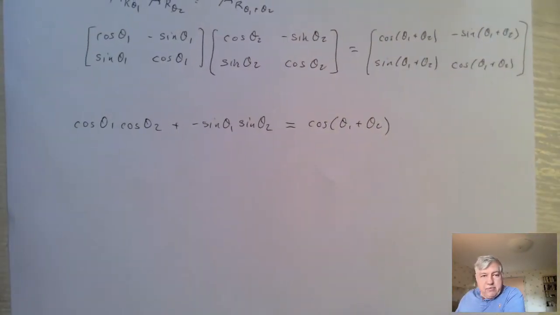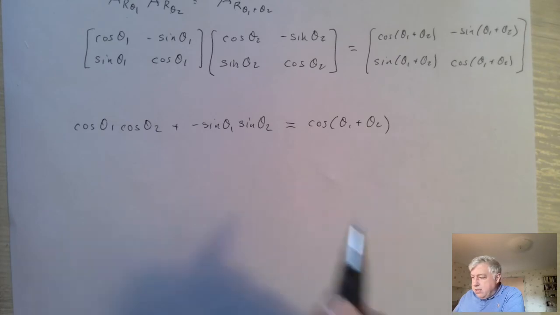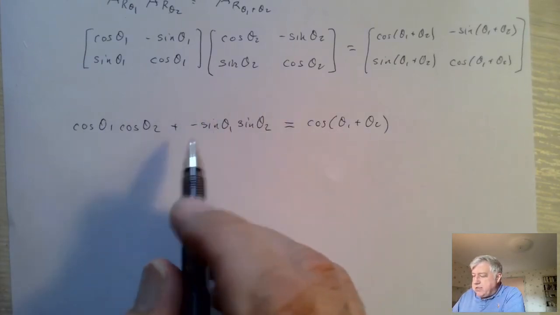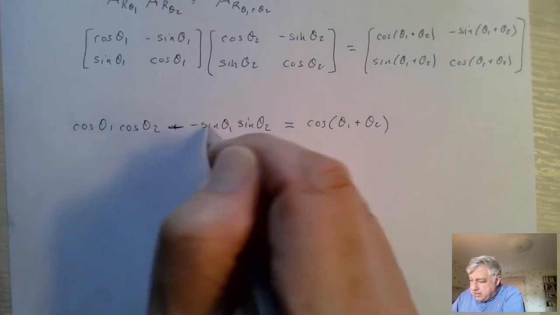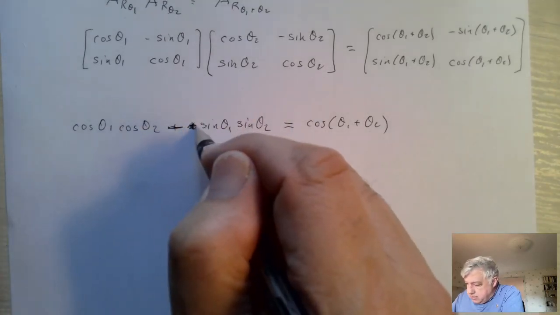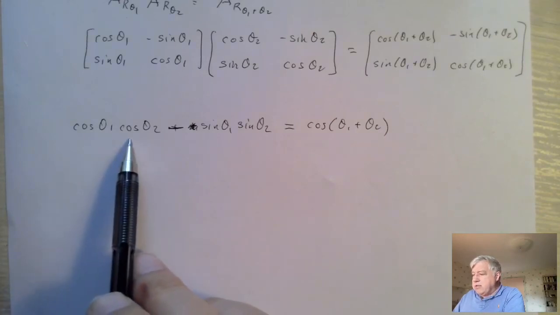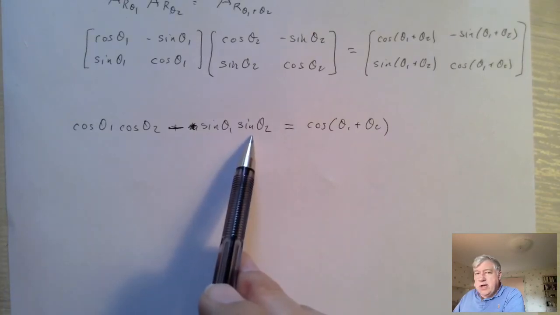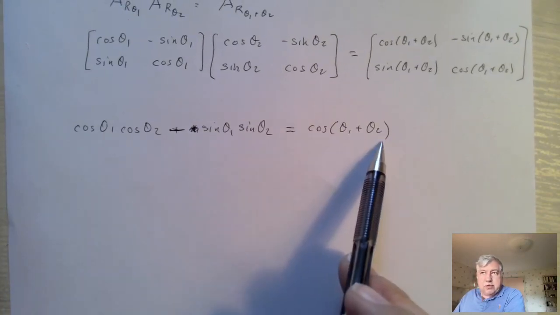Where have we seen that before, right? And of course this is plus negative, so this is the same thing as saying cosine theta 1 cosine theta 2 minus sine theta 1 sine theta 2 is the cosine of theta 1 plus theta 2.